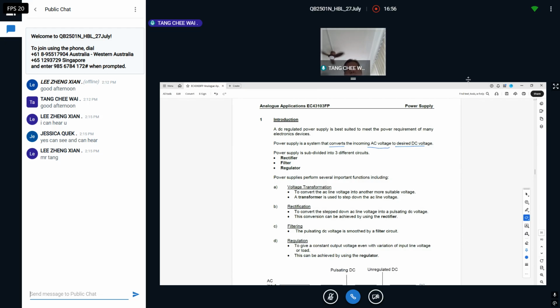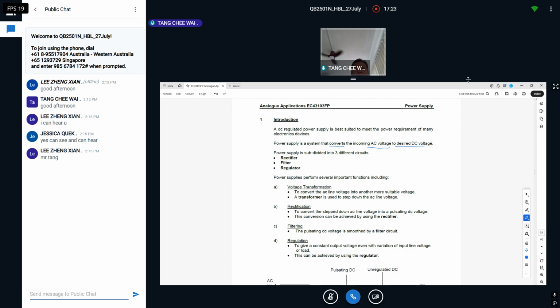Take note, this is the very first important thing: from AC, I need to convert to DC. Your laptop is powered by DC, as are most of the parts inside, like the motherboard and the fan. So incoming AC is converted to DC to serve the needs of your appliances.